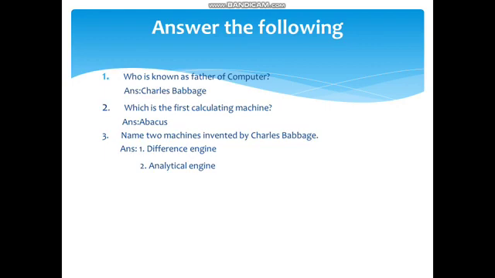Who is known as the father of the computer? Which is the first calculating machine? Name two machines invented by Charles Babbage. All this you can write into your notebook and also study, and you have to understand about the history of a computer. We can discuss more in the live class.